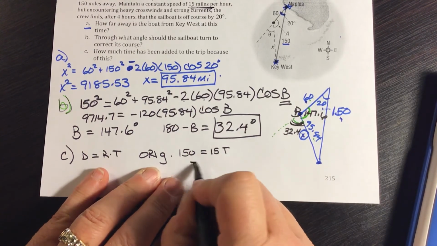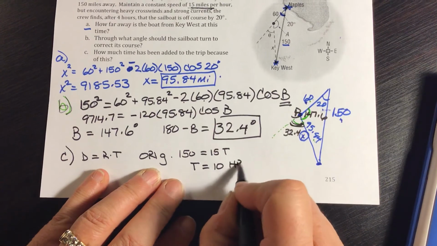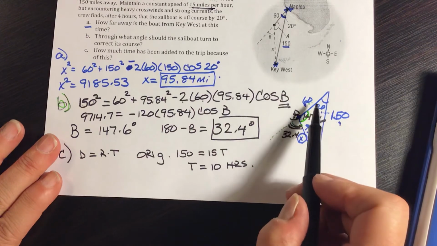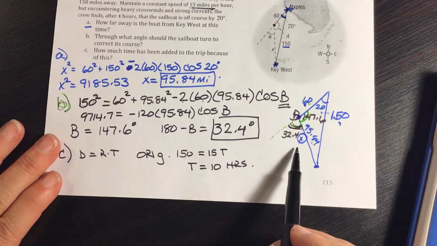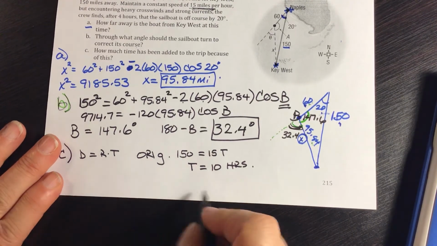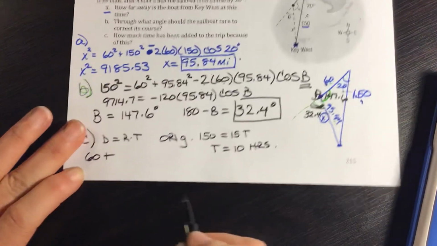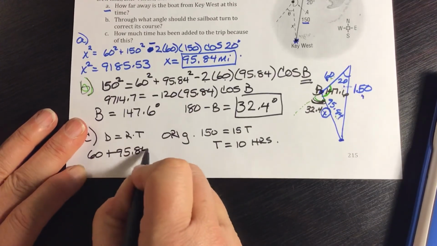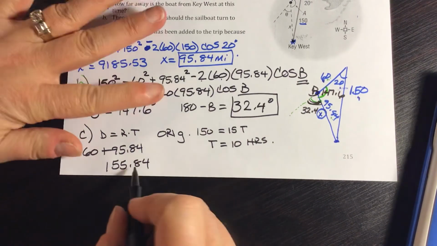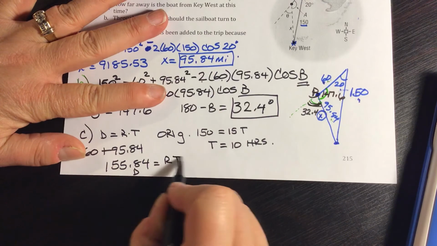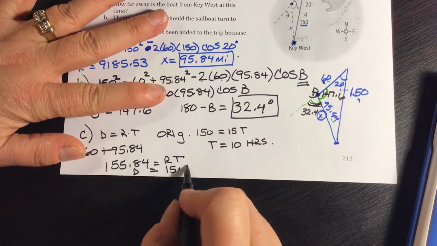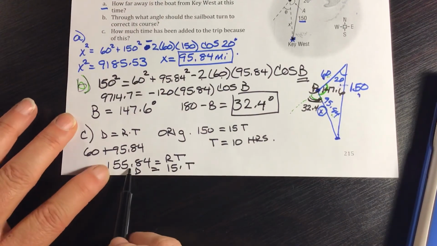So the time is 10 hours. Now, going off course, the distance is now 60 plus 95.84, which is our new distance, which is 155.84. And this is distance equals rate times time. My rate is still 15 times time, so I need to divide by 15.